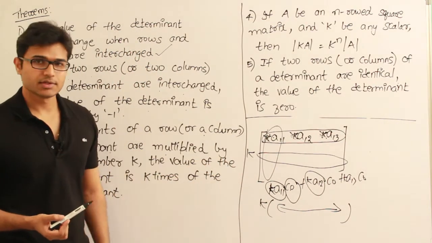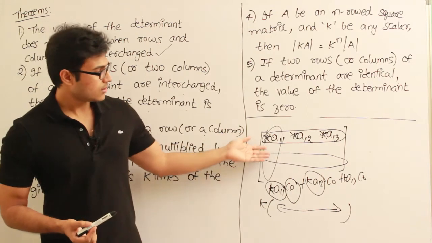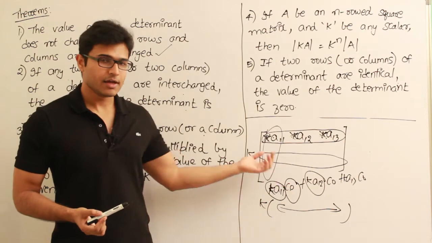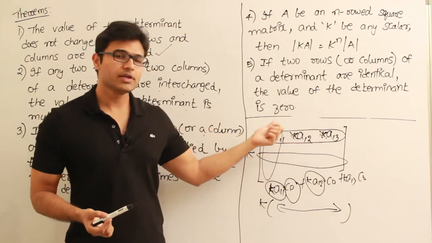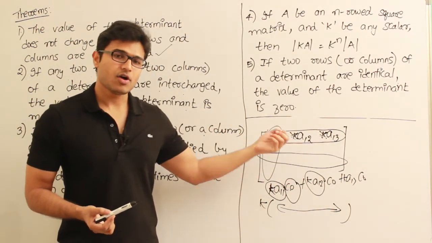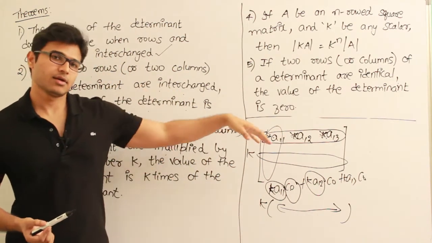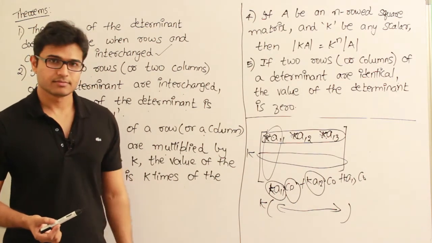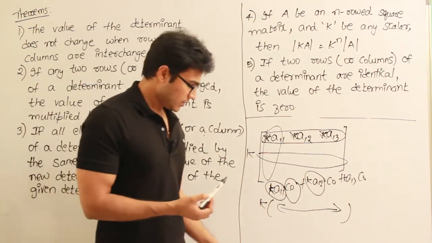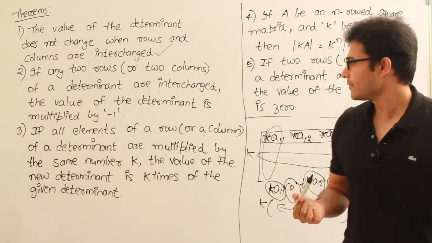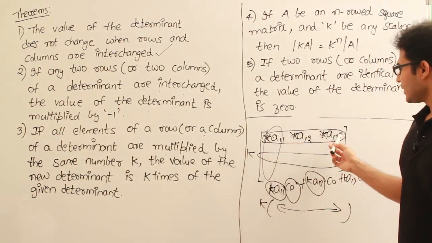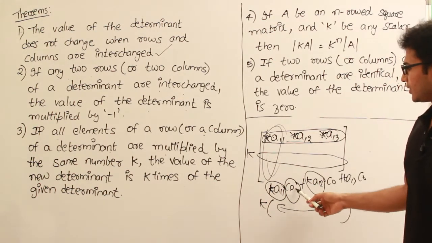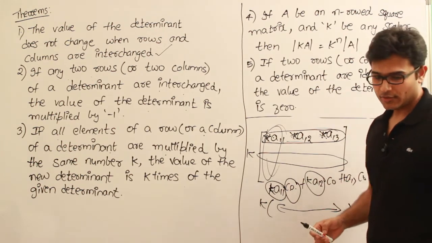The original determinant without being multiplied with k, we have something. Now after multiplying every value of the row with that k, we can pull out that k and use the earlier one, and then we get the same thing. Even if you didn't understand this proof, leave it. Just remember that if you multiply just one row or one column, any row or any column, with k, the determinant is going to be multiplied with k.